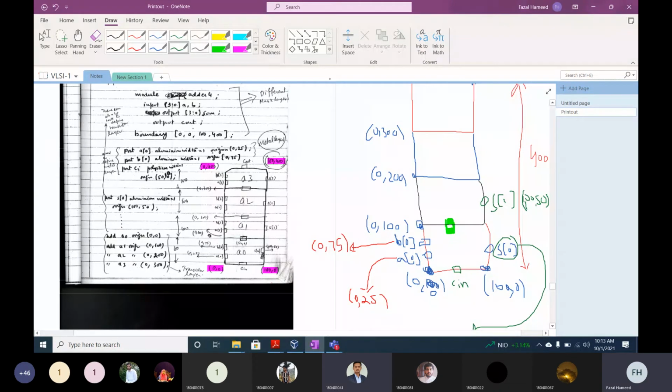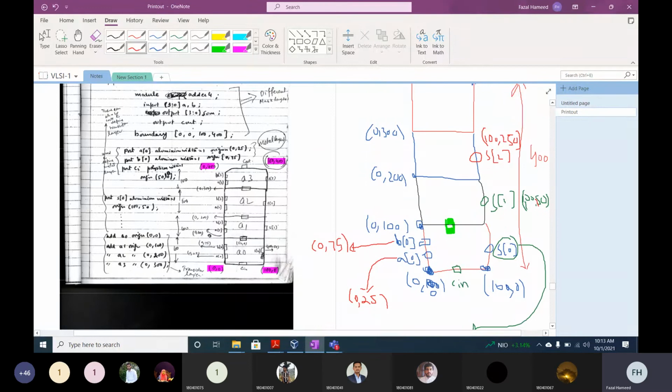What about S2? 100, 250. And if you look at the carry, this carry is now the carry out.